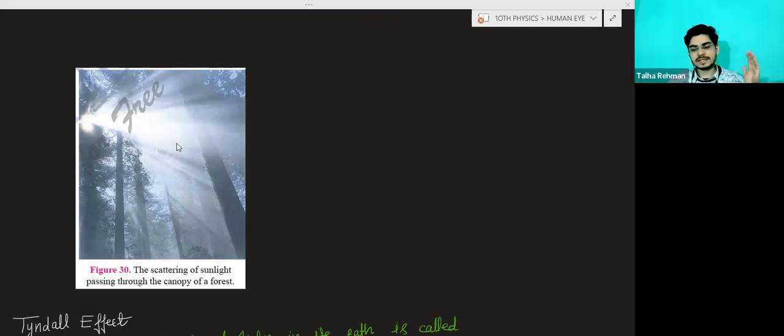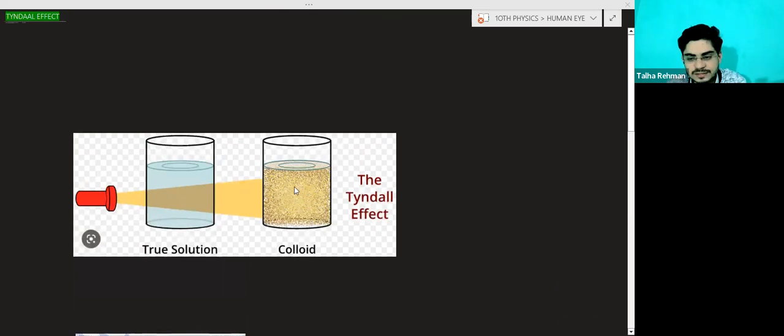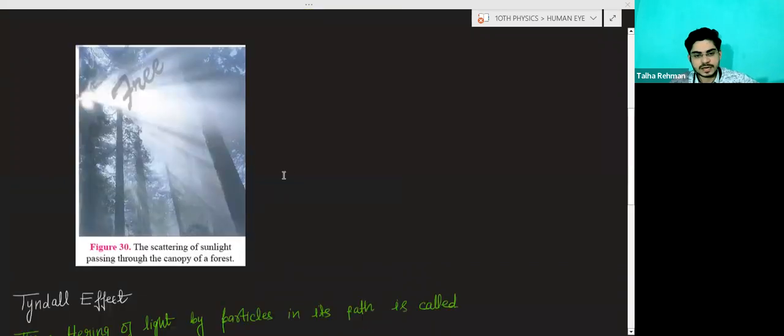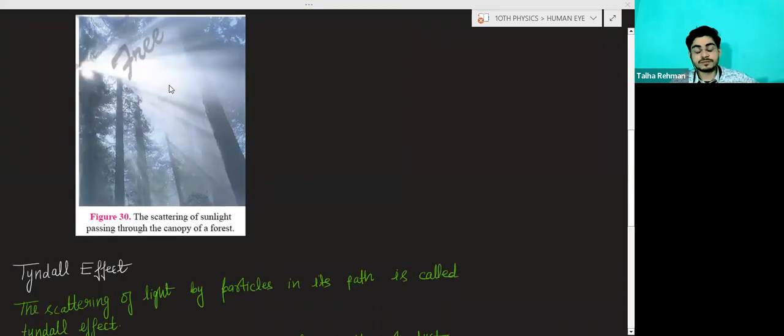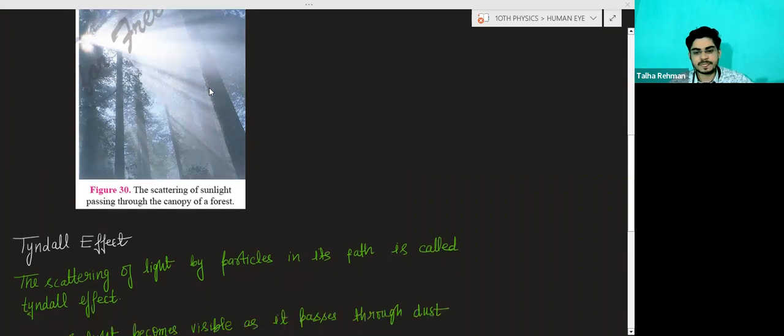So in this case, in the path of the light, there are moisture particles, or small water droplets. Now if I ask which is responsible for the scattering of light: here, the suspended particles of this solution, and there, the moisture present in the air.